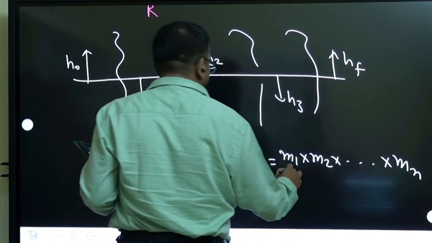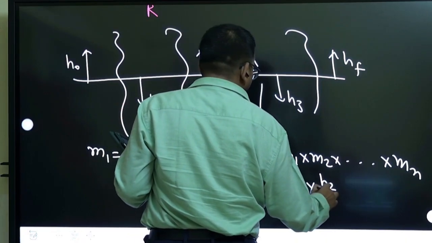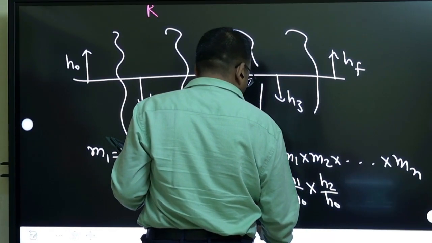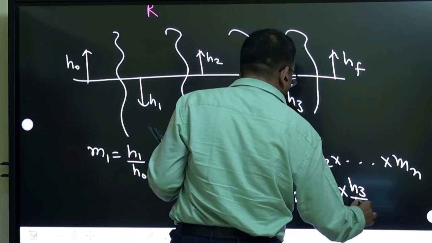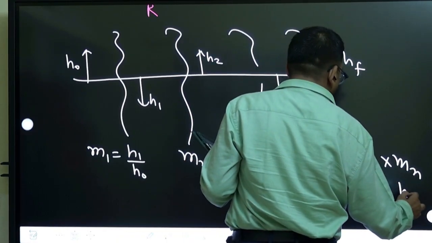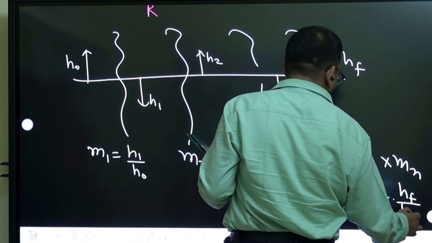For the first one it is h1 by h0, then h2 by h1, then h3 by h2, and finally h final by the one before that.